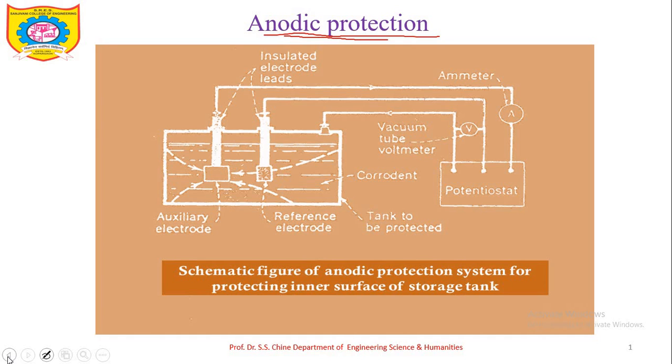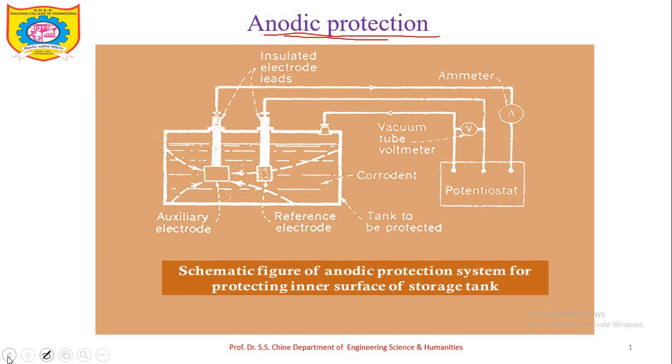So this layer now acts as a barrier between the metal structure and the corrosive environment. Okay. So initially there is corrosion up to some extent, but later on when there is a formation of this protective layer, then further corrosion is not possible. So that is actually the principle of anodic protection.